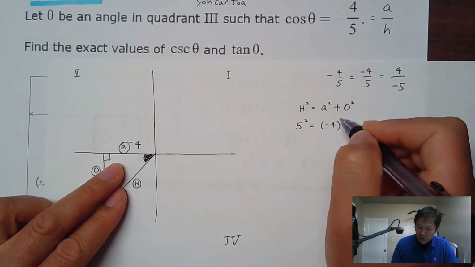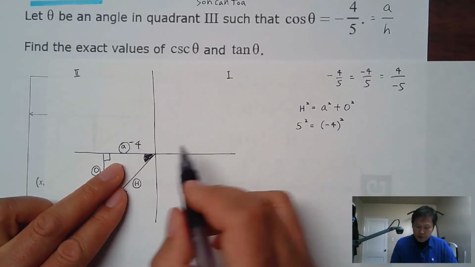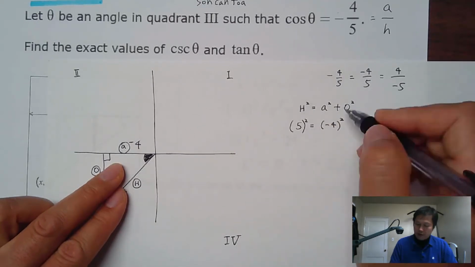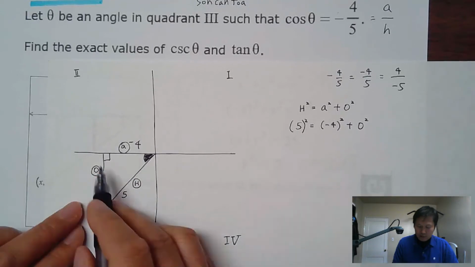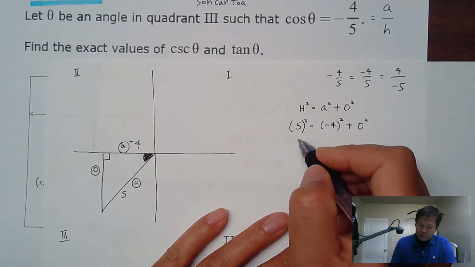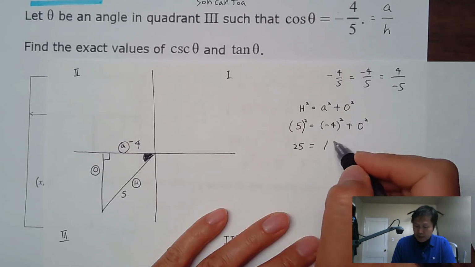The hypotenuse is 5, so 5 squared equals adjacent squared. Please do not forget the minus. Put parentheses around the minus value, so it's probably better to put parentheses on everything. Plus opposite squared, since we are looking for the opposite. 5 squared is 25. (-4) squared is positive 16.